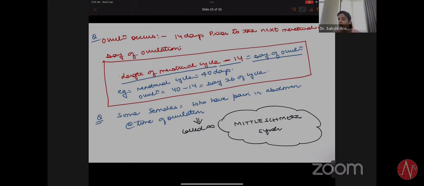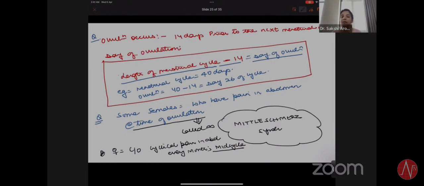So in Mittelschmerz syndrome, a female complains of cyclical pain in the abdomen every month. And this cyclical pain will be in the mid cycle, because this pain will happen at the time of ovulation. And this is what is called Mittelschmerz syndrome.